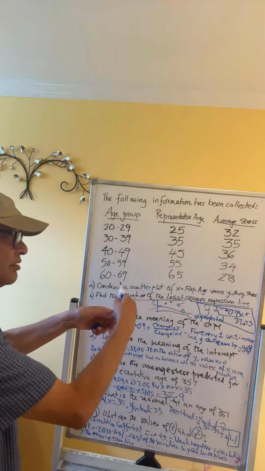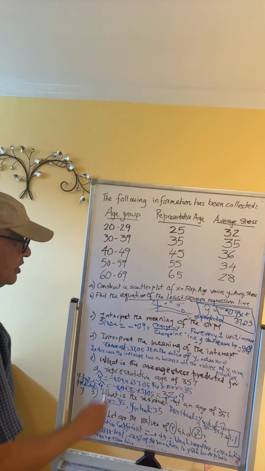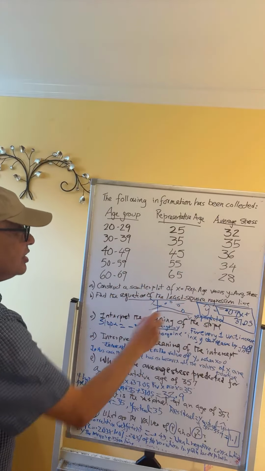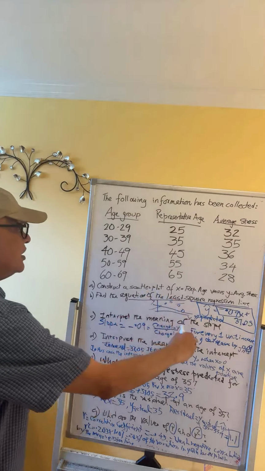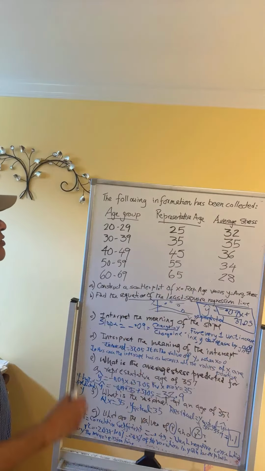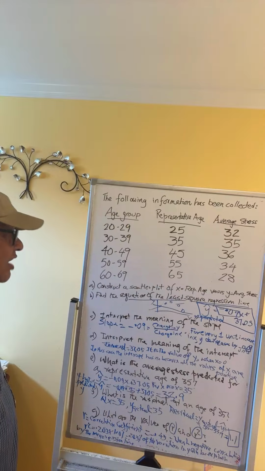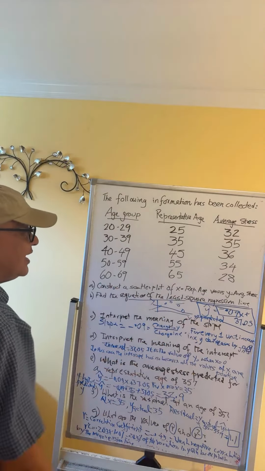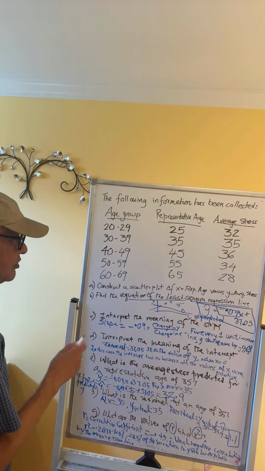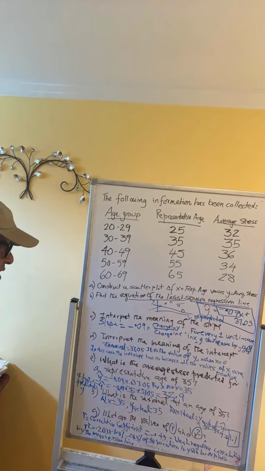This is called a scatter plot because the points are scattered on the XY plane. And it is not a linear relationship, kind of going down the hill, but it is a curve pattern. So ideally we should not fit a line, but in this case we have been asked to fit a line. So you have to calculate the equation of the least square regression line.